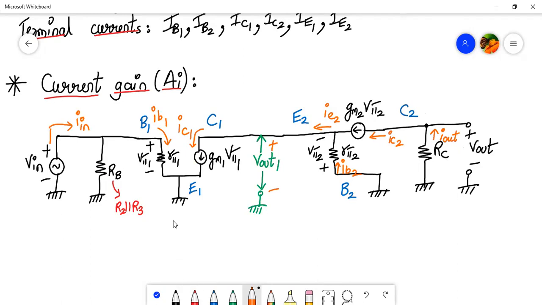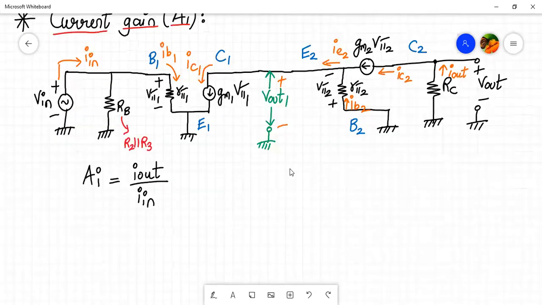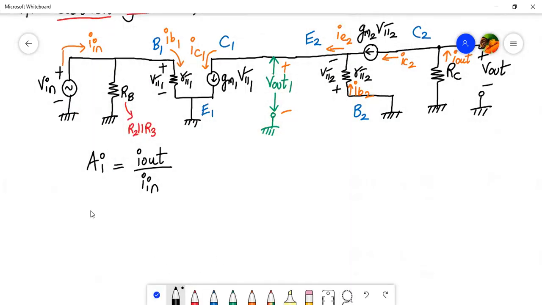Now what will be a current gain? Similarly, as we have found out the voltage gain, a current gain AI will be the output current I out divided by the input current I in. All right. And this we can find out very patiently like this. We cannot directly find it. We'll find it step by step.